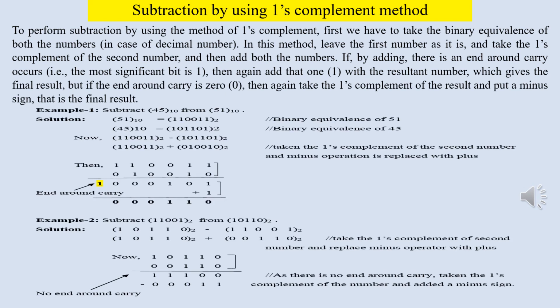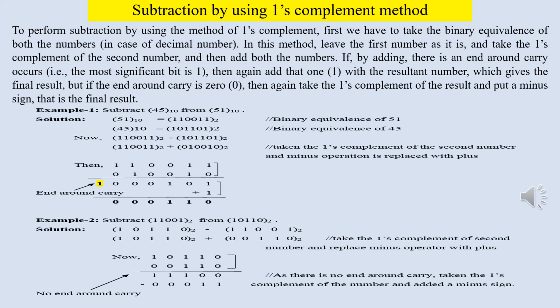Now it's time to discuss subtraction by using the method of ones complement. To perform subtraction by using the method of ones complement, first we have to take the binary equivalent of both the numbers if the numbers are not in binary form. In this method, leave the first number as it is and take the ones complement of the second number, and then add both the numbers.